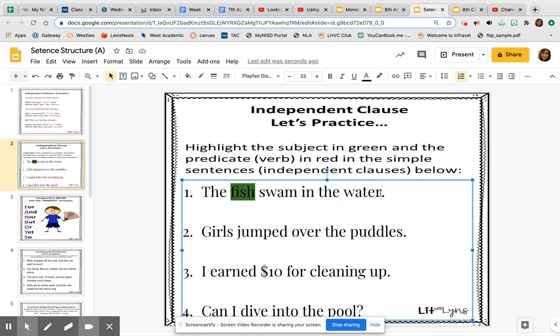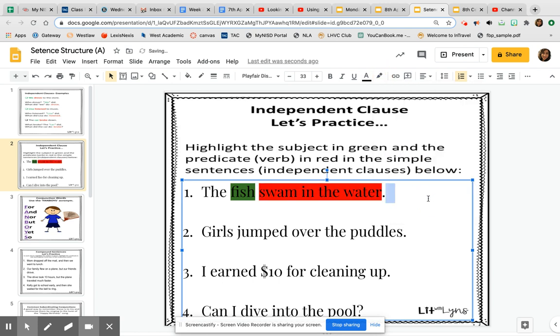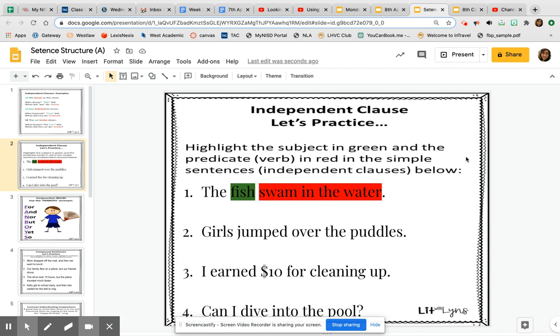That is our predicate. Swam in the water. So that we're going to highlight in red. So we have our subject and our predicate, or our verb. Okay? You're going to continue to do that with the next 3 examples.